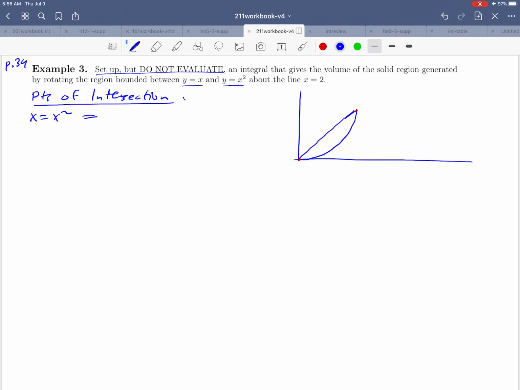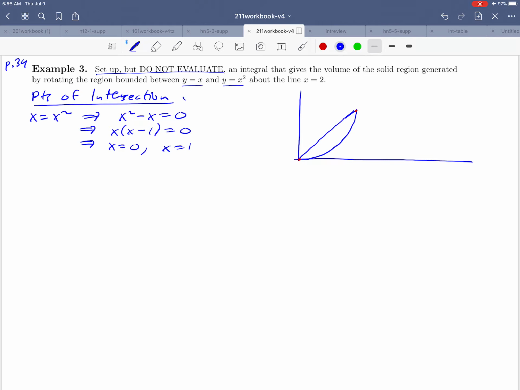If x equals x squared, then get everything on one side, and that turns into x squared minus x equals 0. We can do a little factoring. Okay, and it looks like we're going to get crossing points of x equals 0 or x equals 1. All right, we'll file that away and use that fact when the time is right.